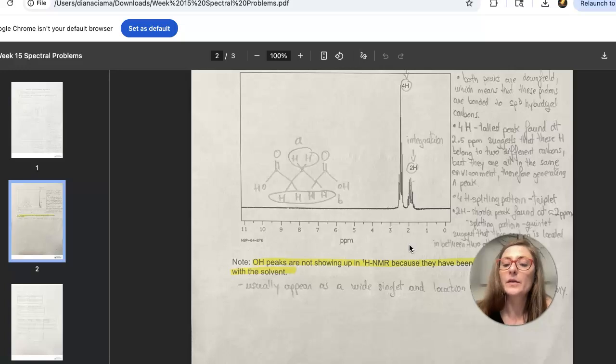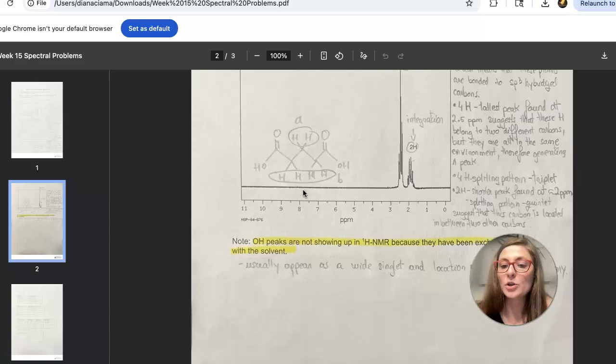The splitting pattern for the 4H peak is a triplet. If we analyze the molecule, the only adjacent carbon here is the 2H that I've designated as A, and following the n+1 rule, I expect this to be a triplet. The 2H is the shorter peak, found at approximately 2 ppm, and the splitting pattern for this is a quintet.